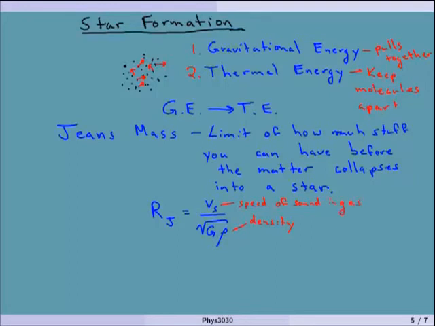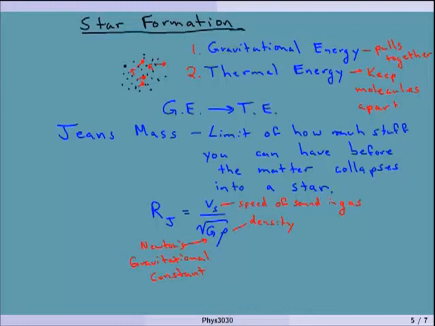And G is called Newton's gravitational constant. At some point you get sound bouncing across this big clump of gas, and the sound causes compressions, and those compressions trigger a chain reaction that makes everything start to compress into a star.